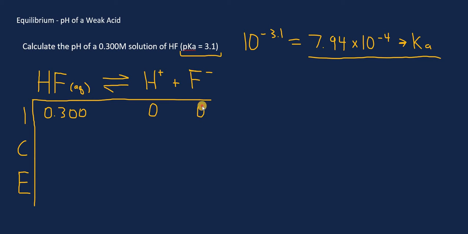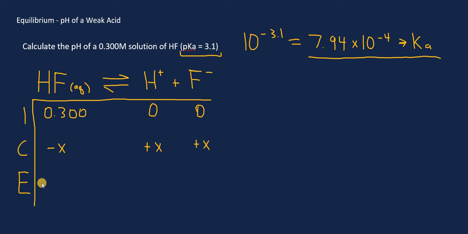And of course our F minus concentration is 0 initially. Now each of these are going to change by a factor of x, and each of them have a 1 in front of them. So HF is a reactant, therefore it decreases by a factor of x. H plus is a product, it's going to increase by a factor of x. And F minus is a product, and it increases by a factor of 1x.